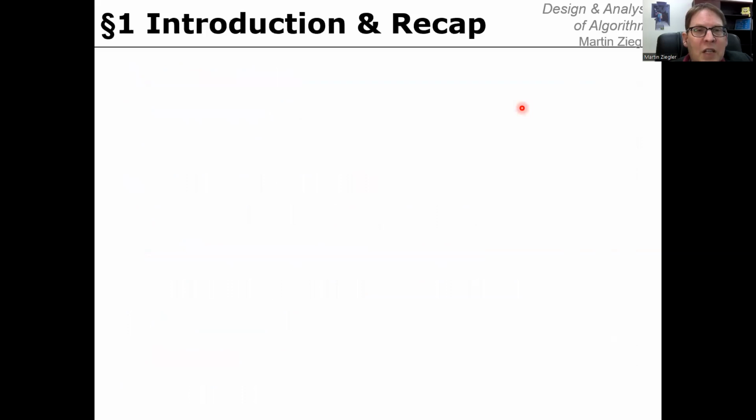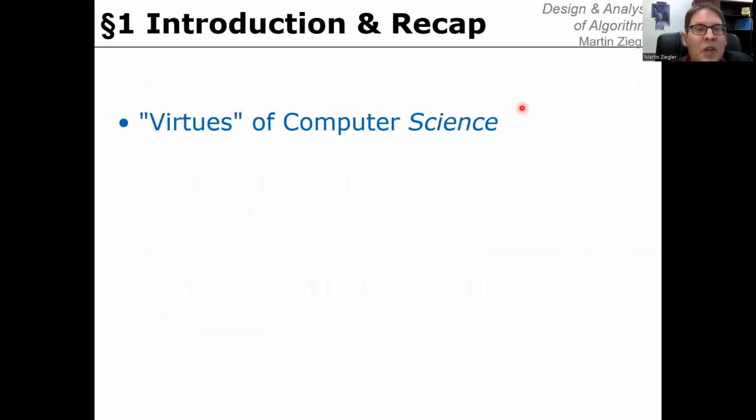First chapter is introduction and recap. Here we will recall what I call the virtues of computer science, the aspects that distinguish computer science from, let's say, electrical engineering.